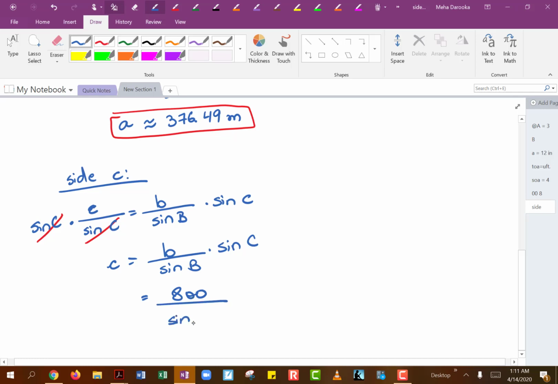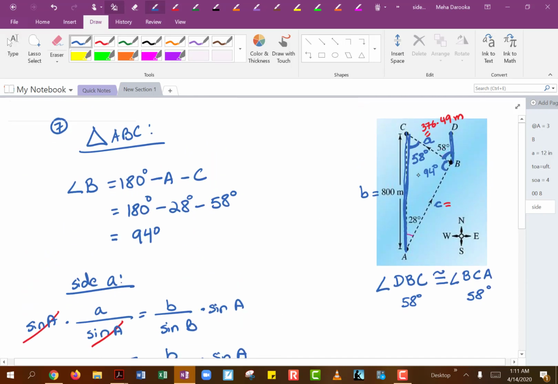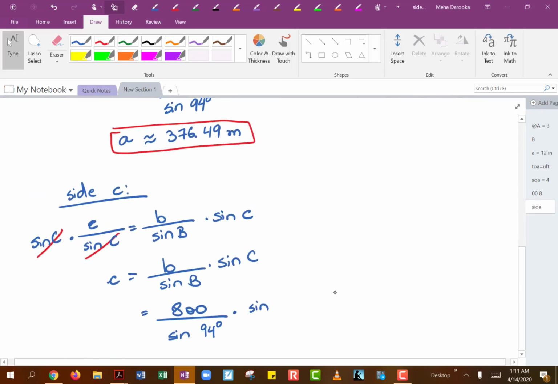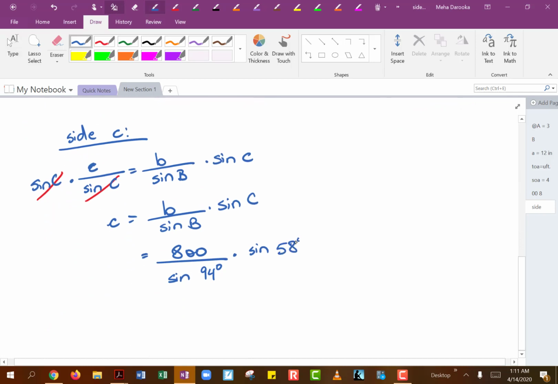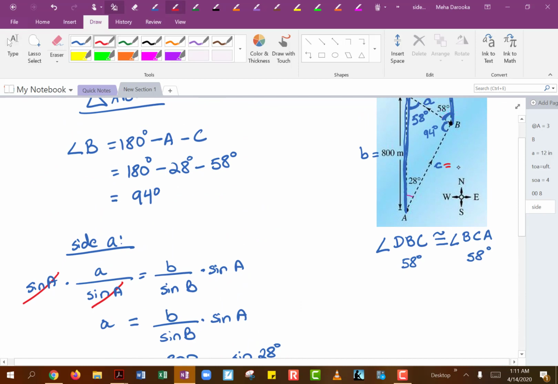Sine of B is going to be our sine of 94 degrees, and then of course sine of angle C. Angle C was that congruent angle, so that's going to be 58 degrees. So again, throw that into your calculator and you should end up getting side C as approximately being 680.10 meters.